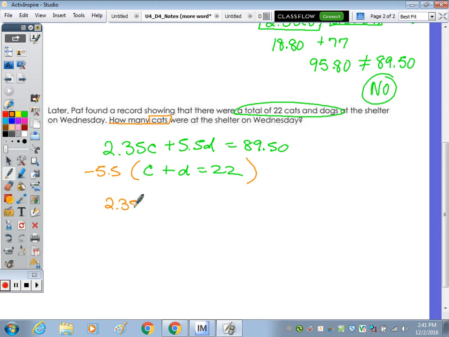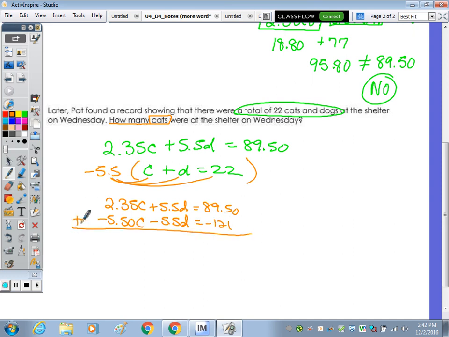So bring down the 2.35c plus 5.5d equals 89.50. Multiply each term by negative 5.5. So we'll get negative 5.5C minus 5.5D equals negative 121. Now add them together. Those become 0.